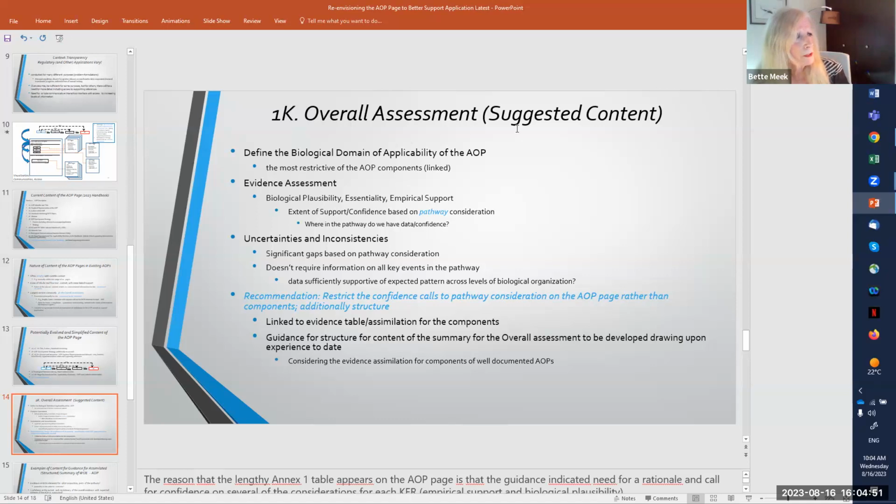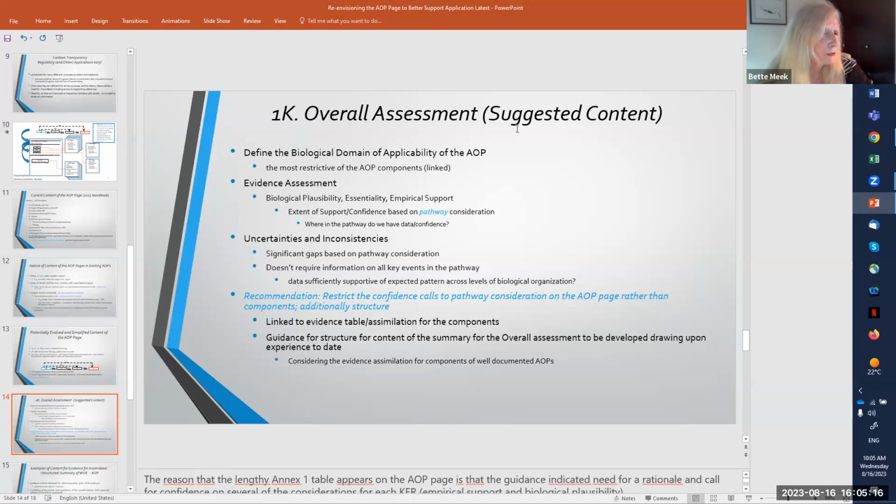What you're trying to address is where in the pathway do we have data and confidence? And once you've assessed that, you identify the relevant uncertainties and inconsistencies. But thinking of it more in a pathway context than on the individual components, the KEs and the KERs. We don't want to imply also that we require information on all key events in the pathway, because we don't.